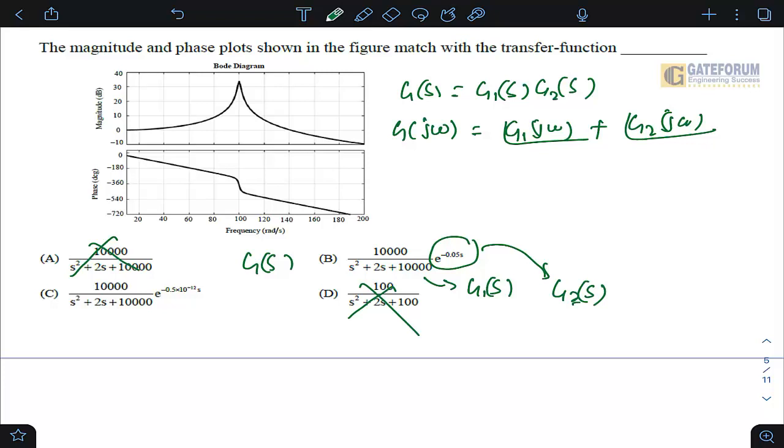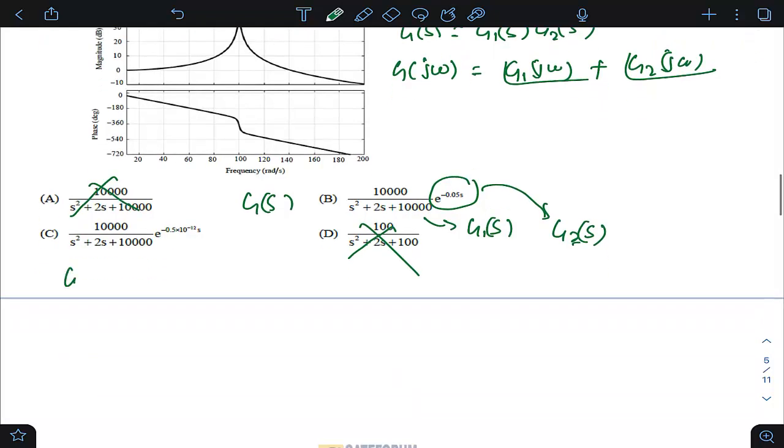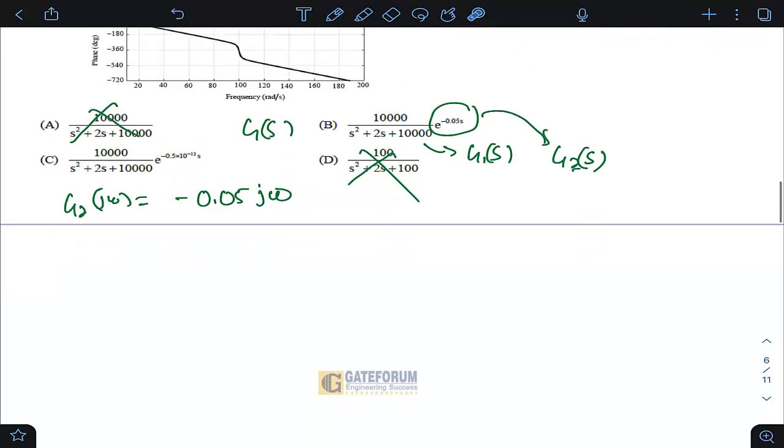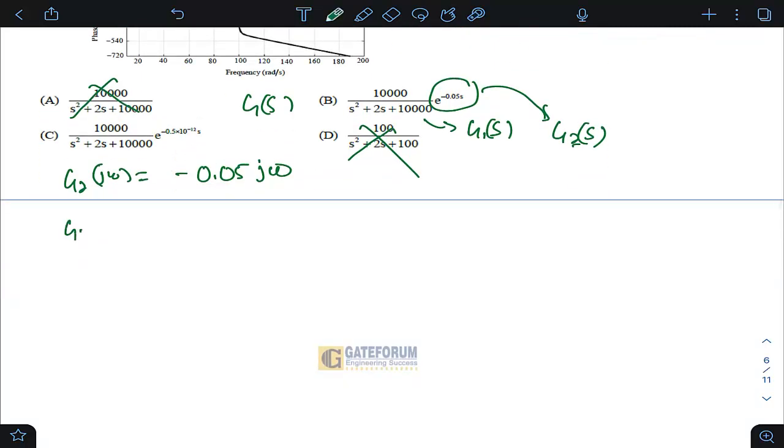So what is G2 of j omega? G2 of j omega is nothing but e raised to minus 0.05 j omega. If I ask you the corresponding phase, the phase is nothing but minus 0.05 into omega. So the phase of G2 of j omega is minus 0.05 omega.